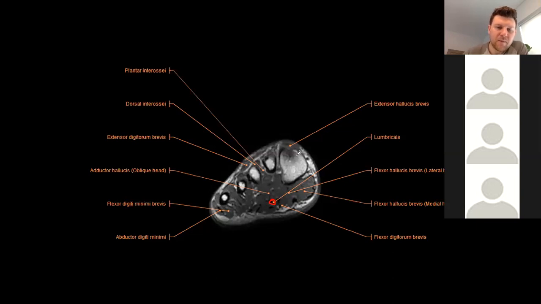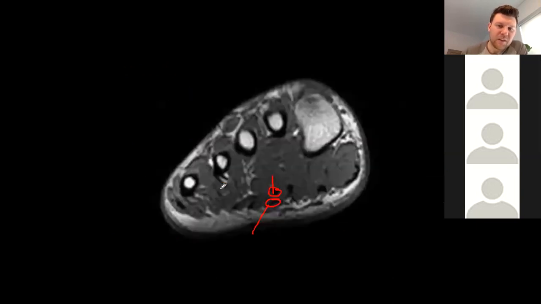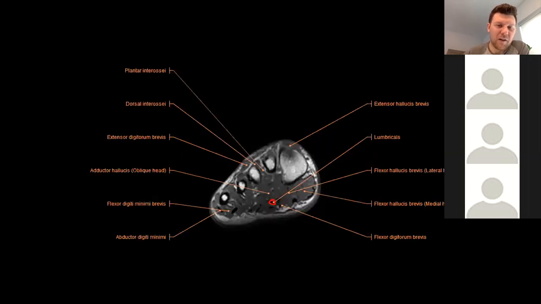And up top, so everyone's getting tired, I know, so we'll just go through some things instead of having people verbalize. You can see your abductor digiti minimi on the outside and your flexor digiti minimi brevis. When we're getting into your abductor hallucis, it's kind of hard to tell in this big jumble in the middle, but you should at least be familiar that layer 1 is going to be your FDB, layer 2 is going to be your FDL, and then you're going to get into your adductor hallucis and some of your flexor hallucis brevis coming out towards your first ray.